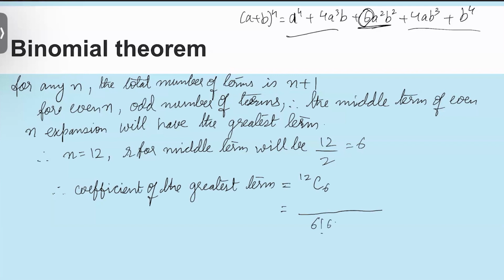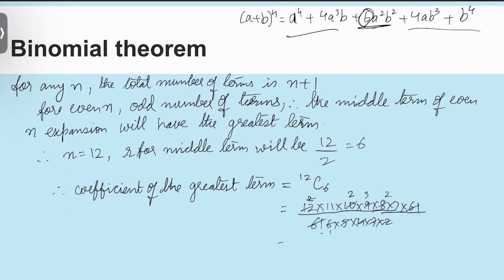The numerator part we can write as 12 into 11 into 10 into 9 into 8 into 7 into 6 factorial. So 6 factorial can get cancelled. Then cancelling, you have 6, 2, 2, 2, 3, 3, 4, 2, 5, 2.